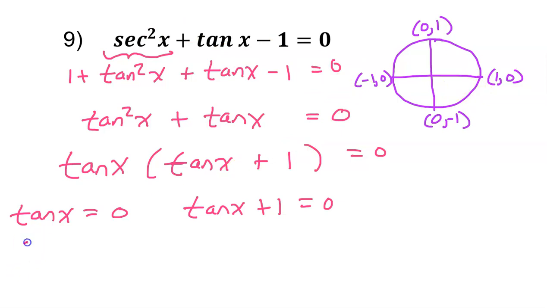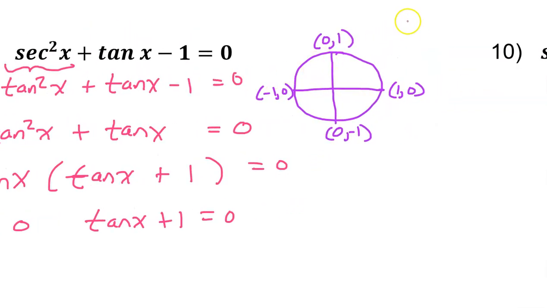Tangent is sine over cosine. Well, maybe I'll just go straight to this. Tangent is y over x. All right, keep that in the back of your mind. All right, I'm going to put tangent theta so it's not confusing. Tangent is y over x.